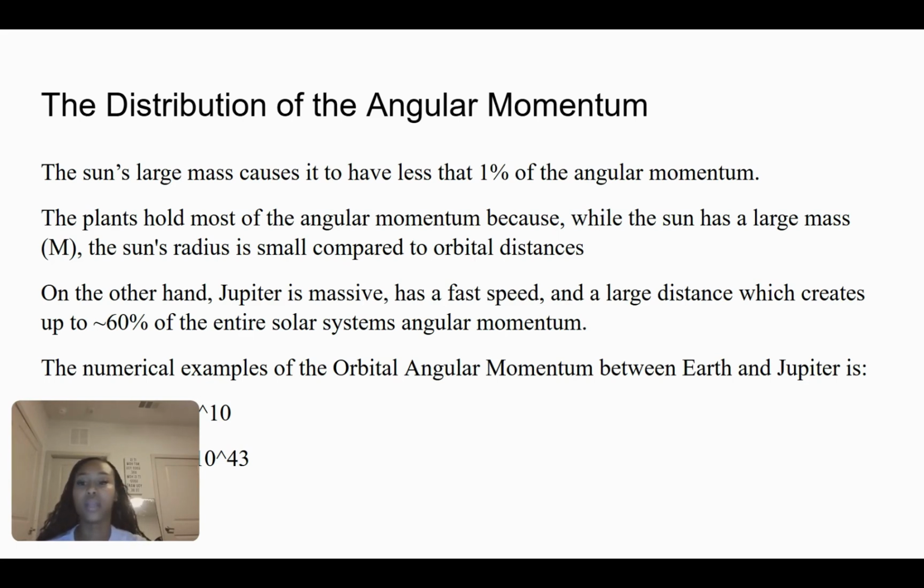On the other hand, Jupiter is massive and has a faster speed and a larger distance, which creates up to 60% of the entire solar system's angular momentum. So even though the sun has almost all the mass, it holds almost none of the angular momentum, and most of the angular momentum is stored in the orbits of larger planets such as Jupiter.